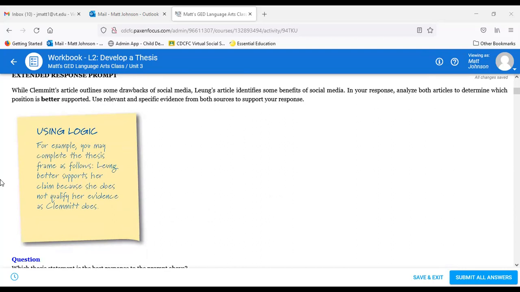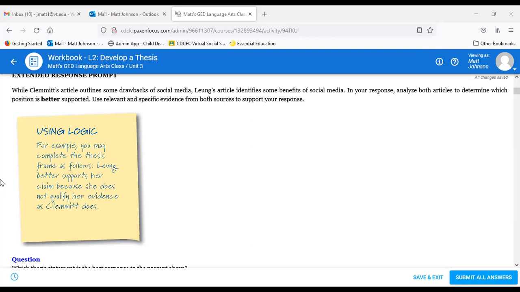What they're prompting you to do is going to be the same thing here. In your response, analyze both articles to determine which position is better supported. Use relevant and specific evidence from both sources to support your response. That's what you've got to worry about, right? So that's exactly the prompt that you're going to get on your writing response. Nothing fancy, nothing specific, just this.